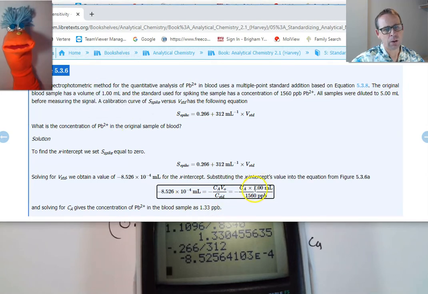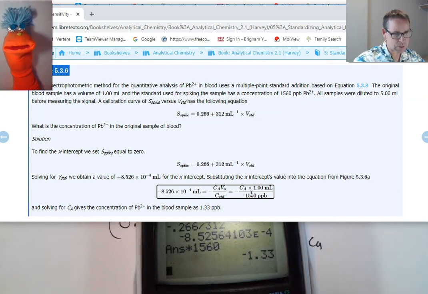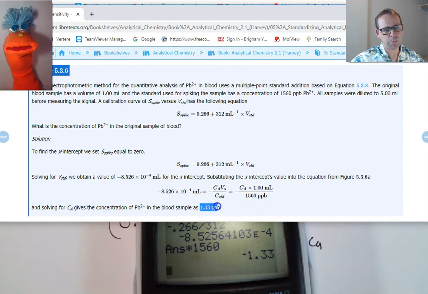Okay, so solving for our CA here, taking our negative 8.526 times 10 to the minus 4, multiplying it by 1560, and then dividing by 1. So that's a negative 1.33, but the concentration can't be a negative value. So that gives us, again, our 1.33 parts per billion.